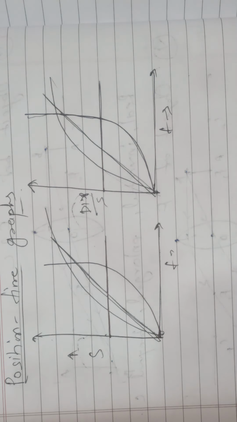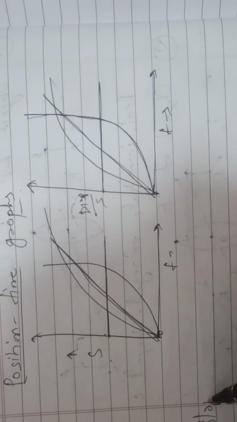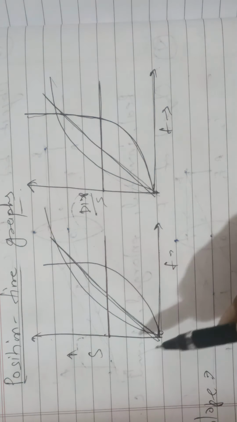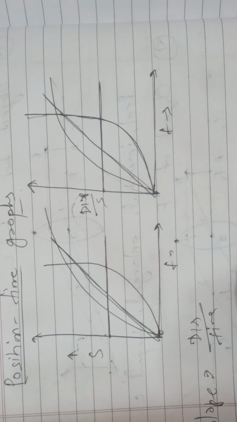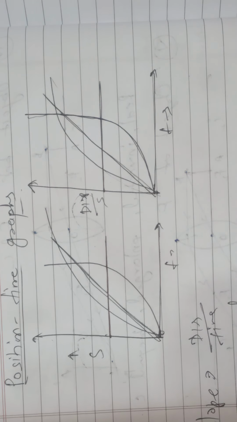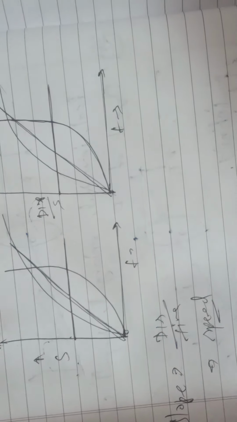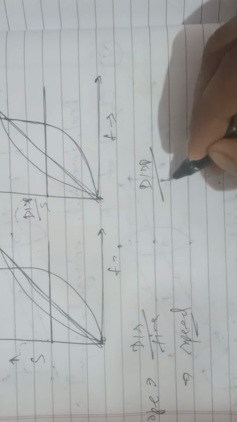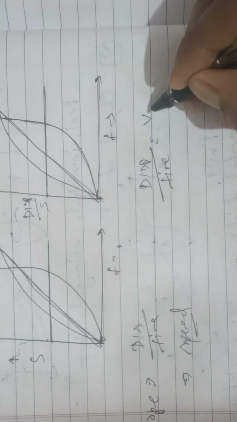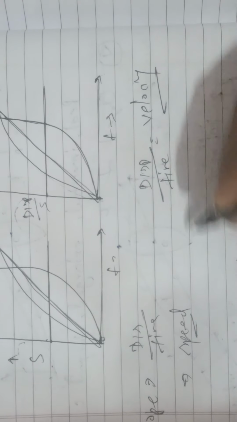But if we find the slope, here it will be distance by time, which will be speed. And if you find the slope of a displacement time graph, it will be displacement by time, which will be velocity.